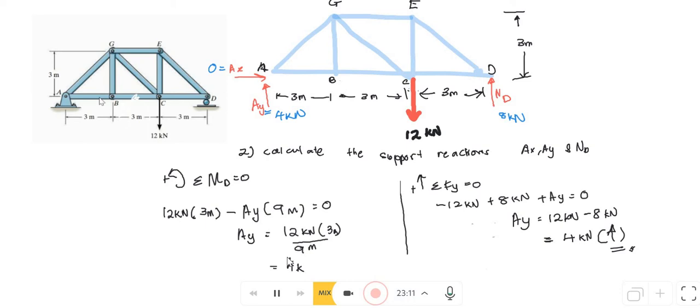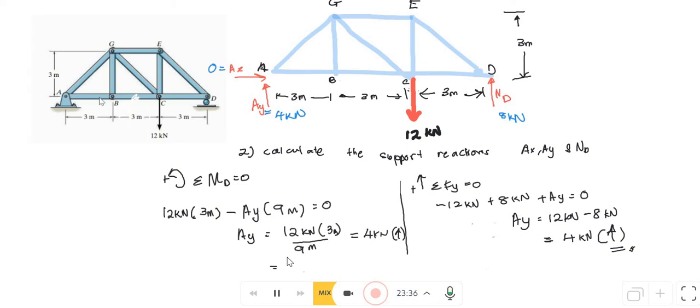Alright, so I need to put the answer, because we don't have space there. So we put here 4 kilonewton, and should be upward. The direction, it should be upward. Okay, so we have this one.